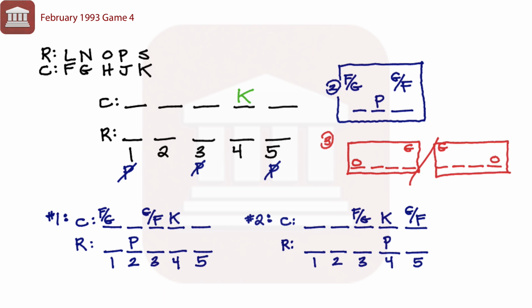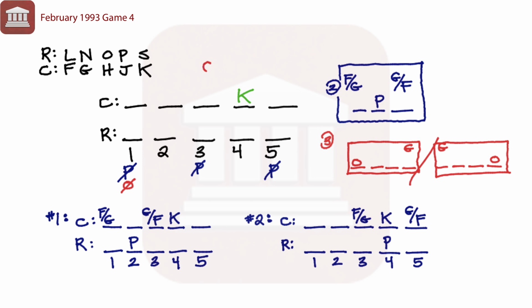All right, so what does that allow us to conclude? Well, we should notice that we can't have O be first because that would place G in 4, but we already have K in 4. So again, O can't be first. And then we should also notice that G cannot be placed in the 3rd lane, because if G was in the 3rd lane, we wouldn't have room for O on either side.